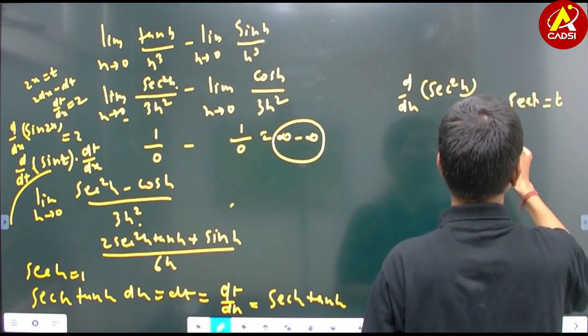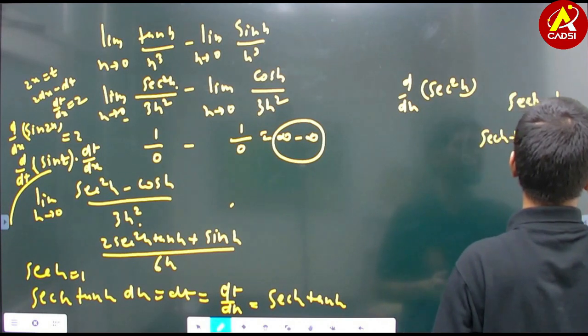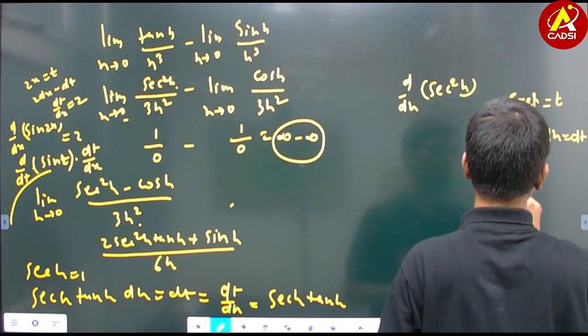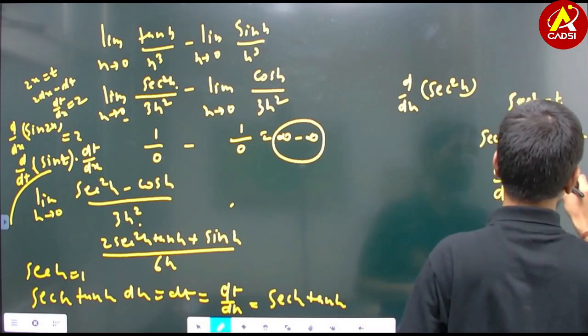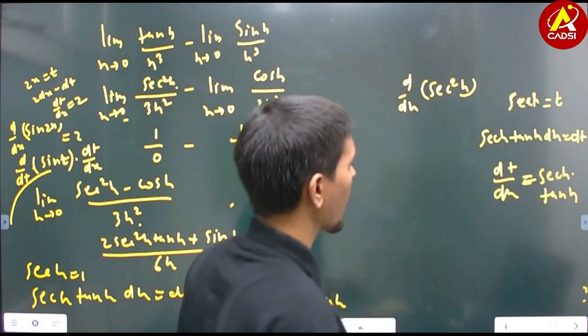Then sec h tan h dh equals dt, which means dt upon dh equals sec h tan h, okay.